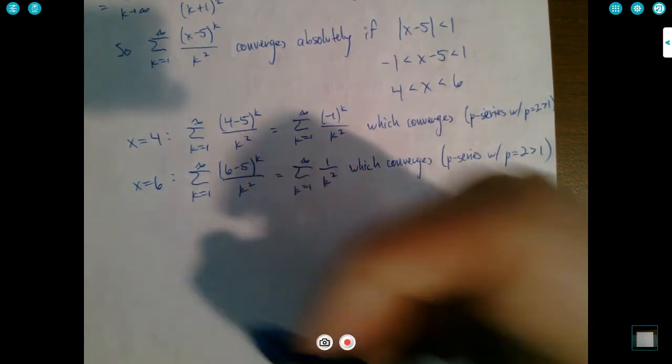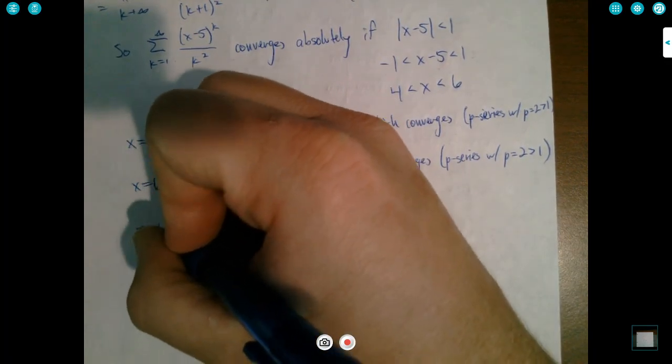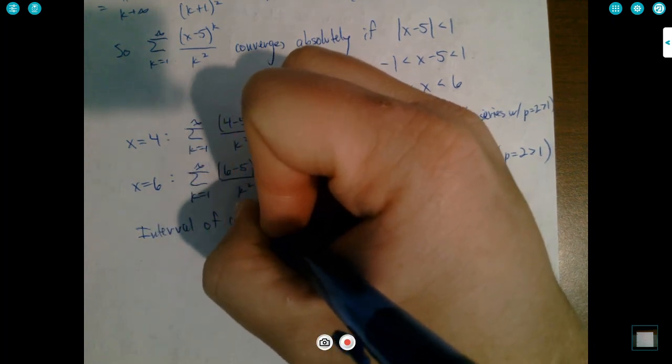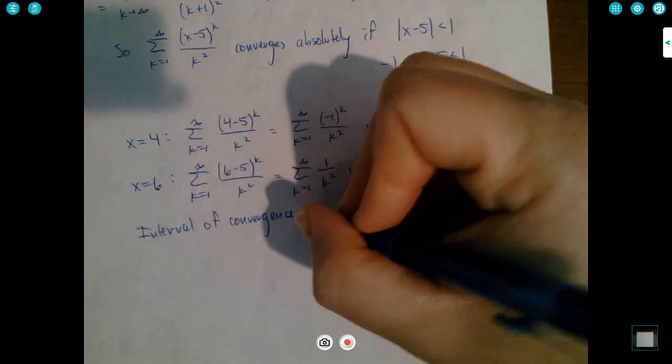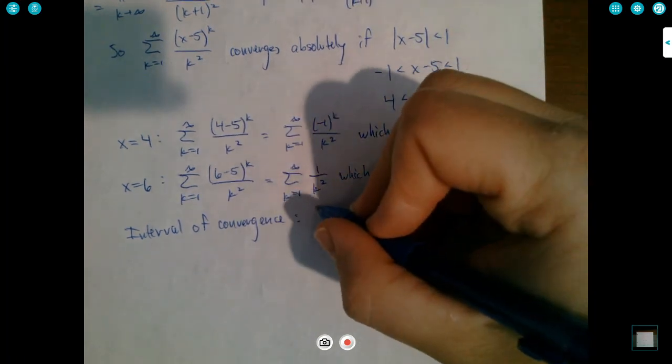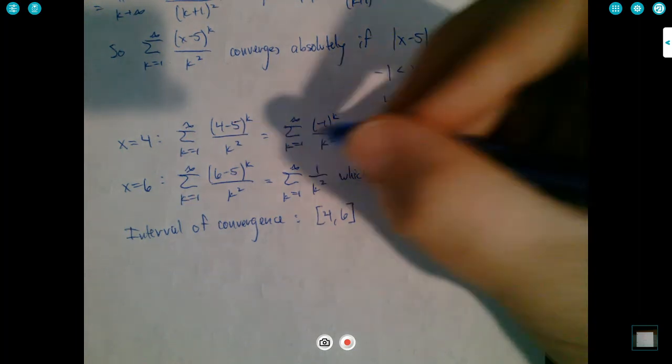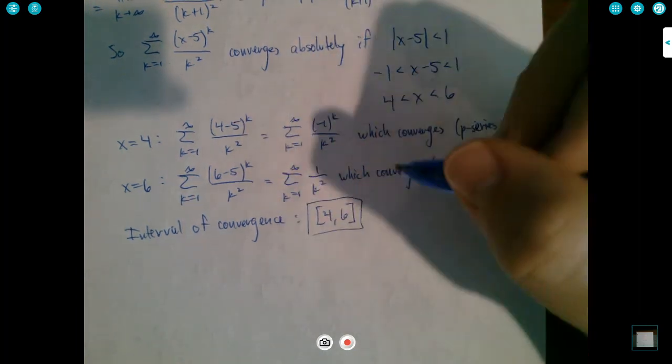Very interesting. So the interval of convergence is 4 to 6, this time including both endpoints, because it converges at both endpoints.